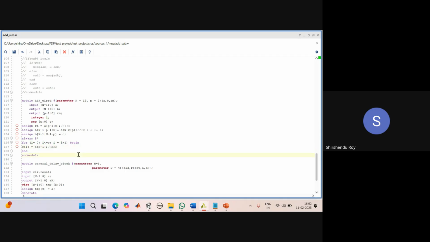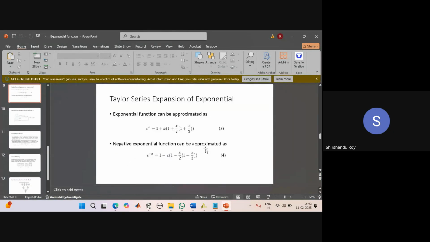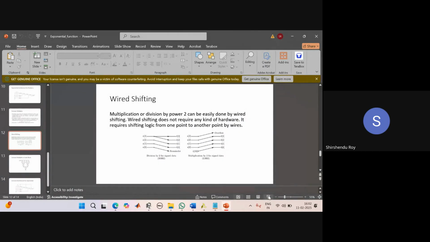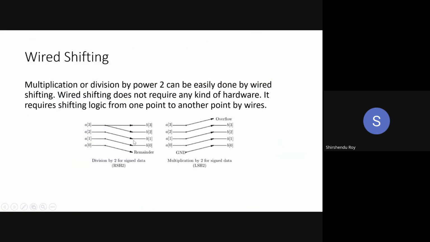So simply, in the position of B17, B16, and B15, we are putting the MSB. Because as per the diagram, if you see, remember here, this is a diagram for right shifting.